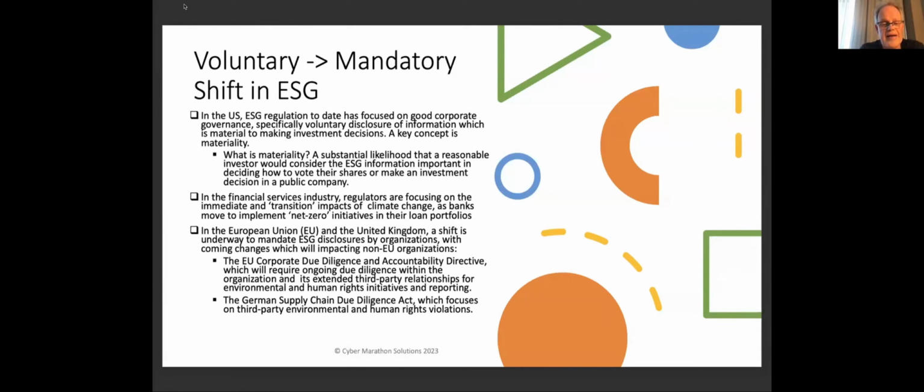Now, along with that, the EU is in the process and has been moving forward on what's called the Corporate Due Diligence and Accountability Directive, which will require ongoing due diligence and extends on the topic of environmental and social to third parties.